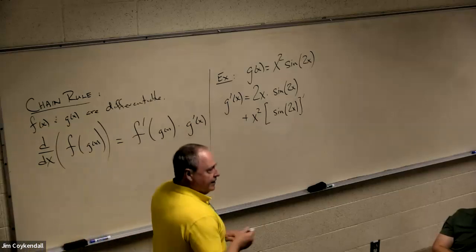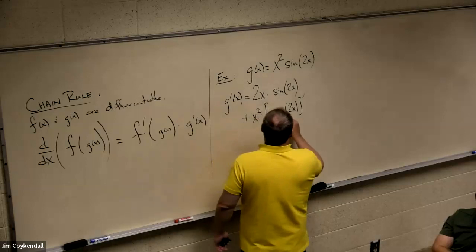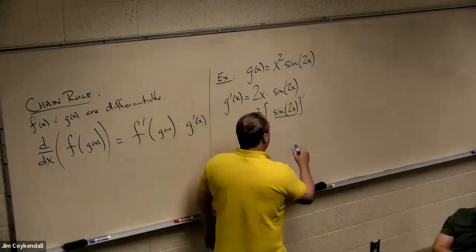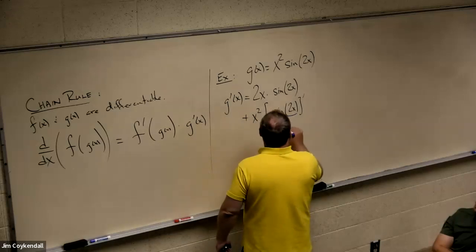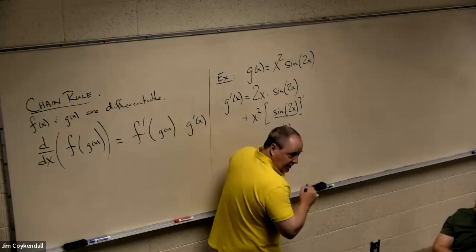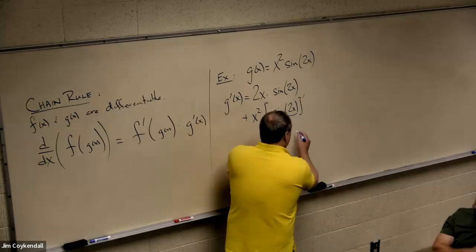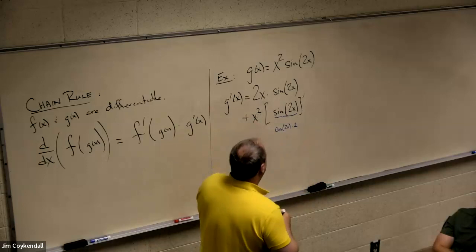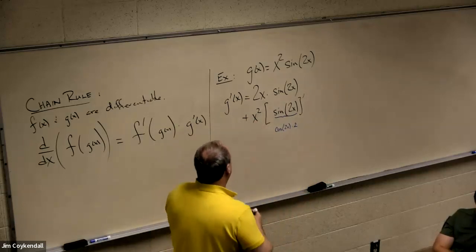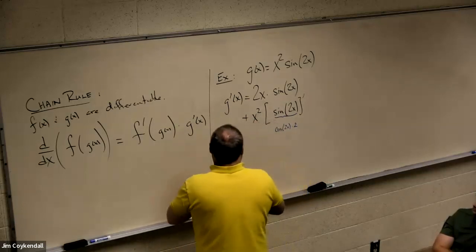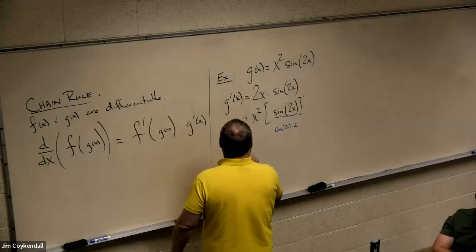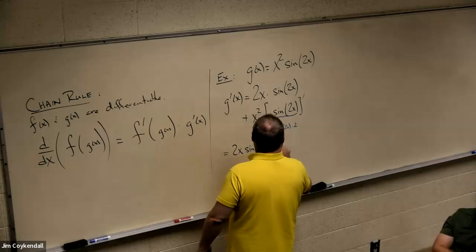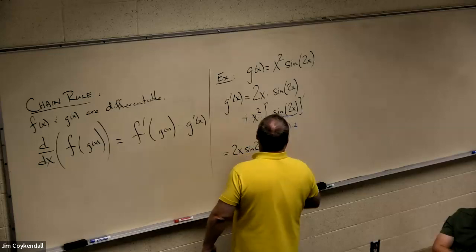Well, now, what's the derivative of sine of 2x? Cosine of blob times the derivative of blob, which in this case is 2. So this is 2x sine 2x plus 2x squared cosine 2x.